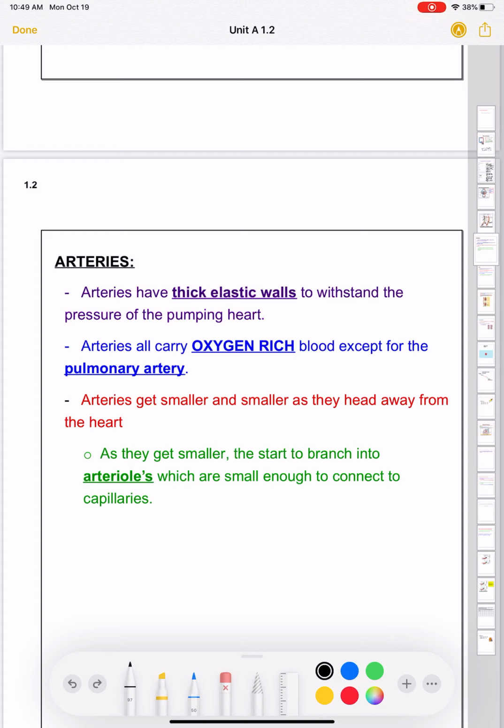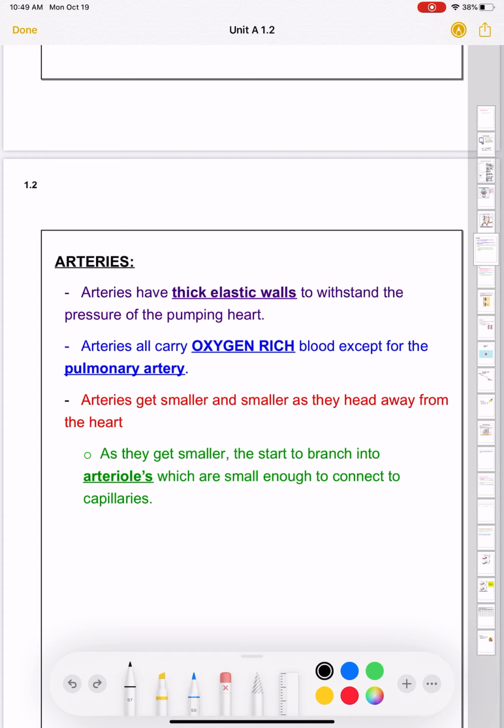So here's some things. We've already written most of this down. It says arteries have thick elastic walls to withstand the pressure of the pumping heart. Arteries all carry oxygen-rich blood except for the pulmonary artery. And arteries get smaller and smaller as they head away from the heart. As they get smaller, they start to branch into arterioles, which are small enough to connect to the capillaries.